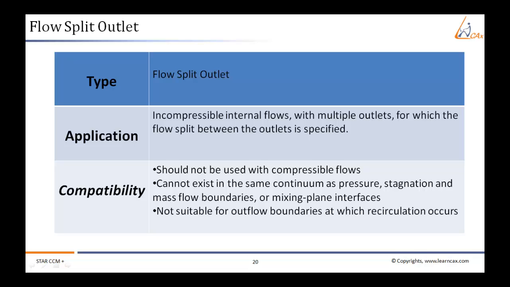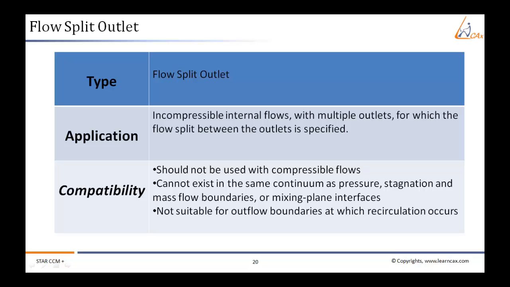When only one flow split boundary bounds the continuum, it is assumed that all the flow exits through this boundary. The flow split can be specified by ratio or by mass flow rate.